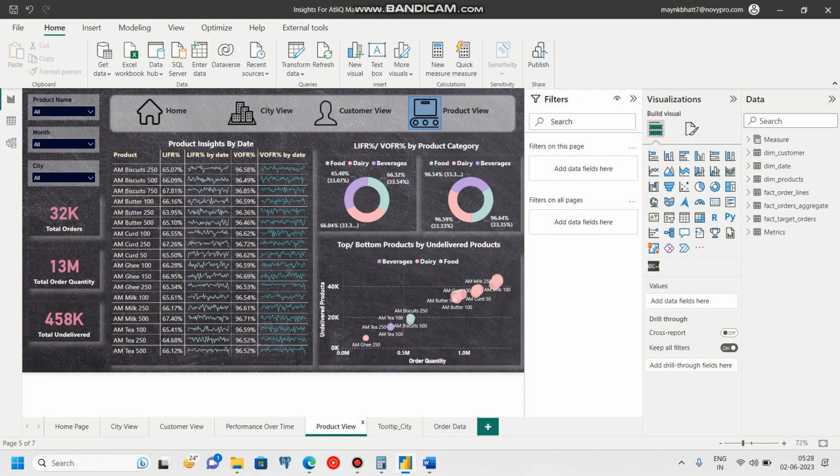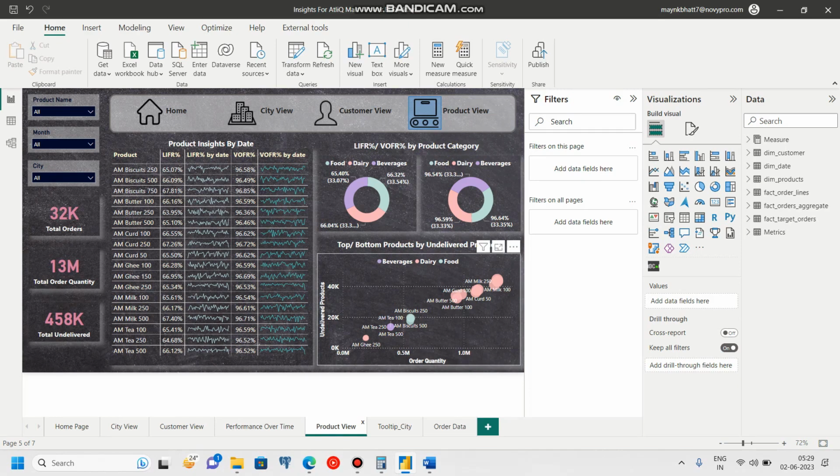So that you have an idea, this is a chart with the x-axis having the order quantity and the y-axis having the undelivered product against the order quantity. And here the products that have the maximum order quantity are the dairy products, and they also have the maximum number of undelivered products.